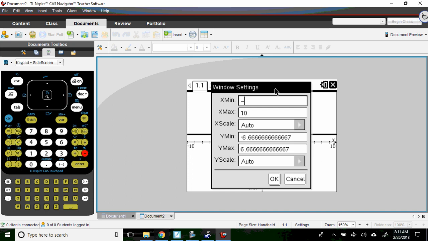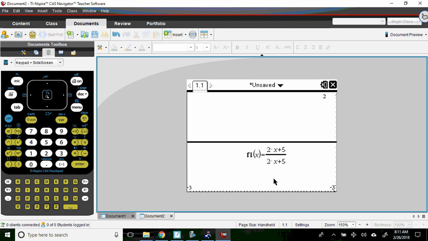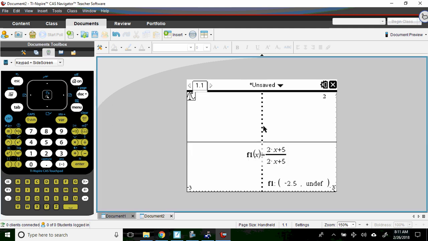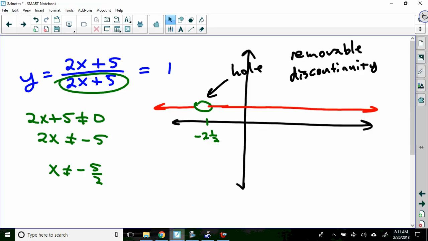We'll go from -3 to -2, and then from 0 to 2. This one doesn't show the hole, does it? So if I go menu, trace, graph trace, I guess it does show me. I just happened to land on that point. X is -2.5 and Y is undefined.